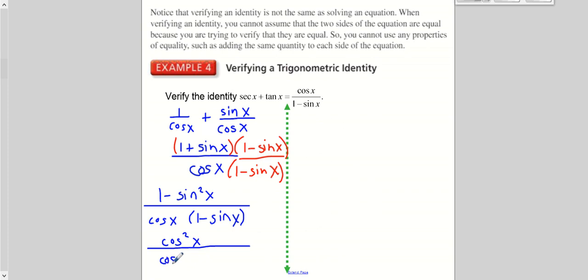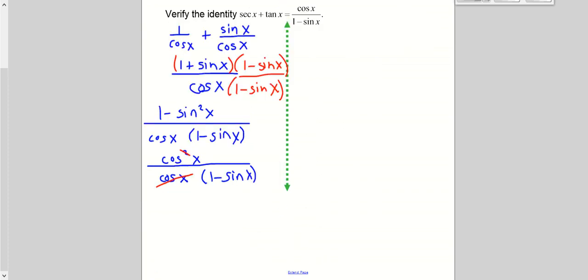Over cosine x times 1 minus sine x. Look what happens next. What do you notice? This cosine x can cancel out one of these cosines so that we just have one cosine x on the top instead of squared.